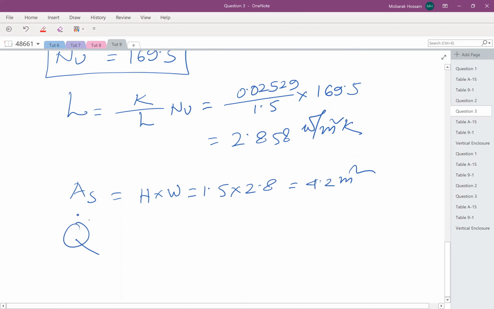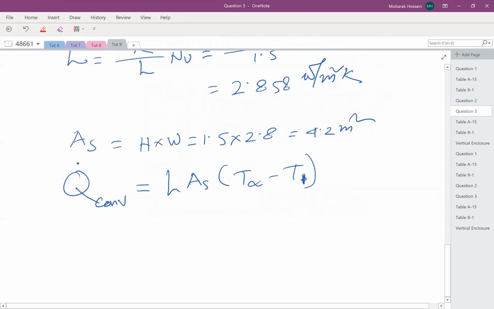Now the heat transfer rate due to natural convection is h A times the room temperature minus the inner surface temperature T1. So here it will be 2.858 times 4.2 times 26 minus 18, which gives 96 watt.